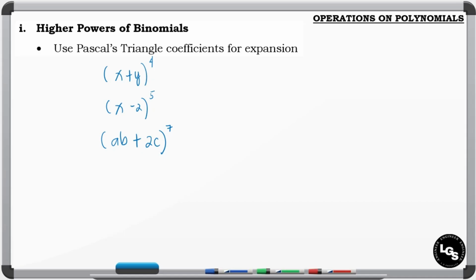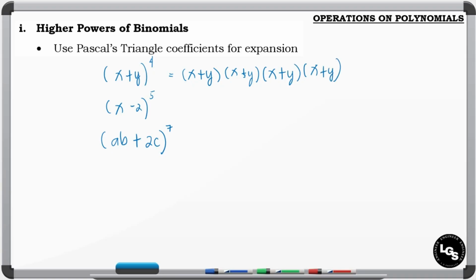If you don't want to use the Pascal's triangle coefficients for the expansion, you can always use the long method. Long method meaning, so for example, in this one, for the x plus y raised to 4, you can multiply this as x plus y times x plus y times x plus y times x plus y.